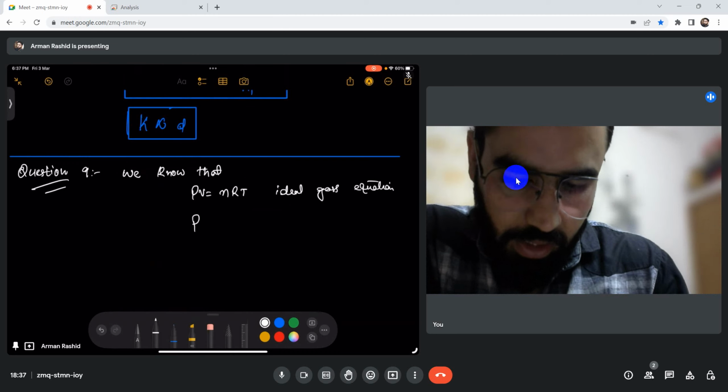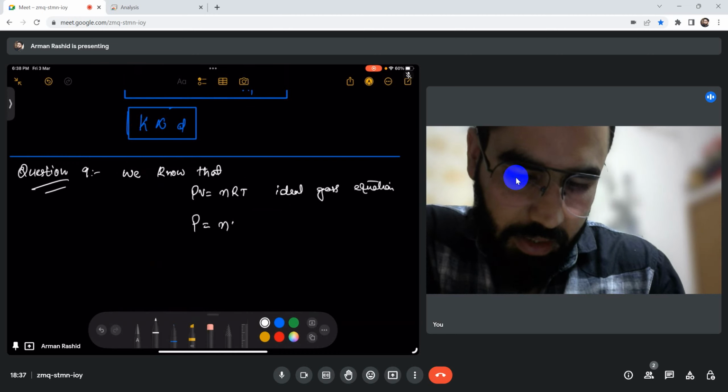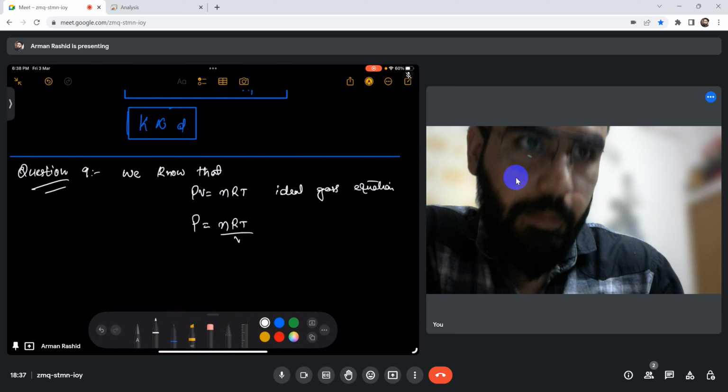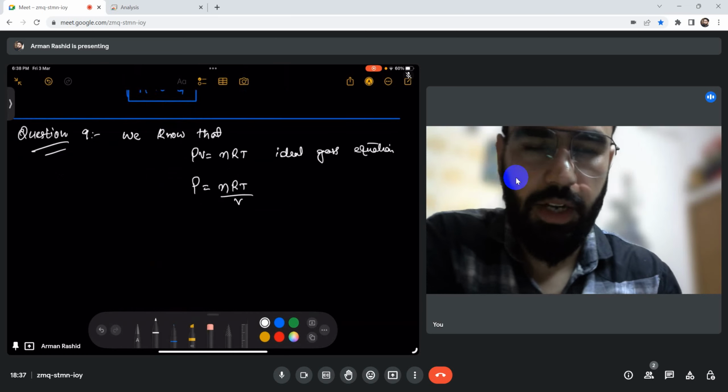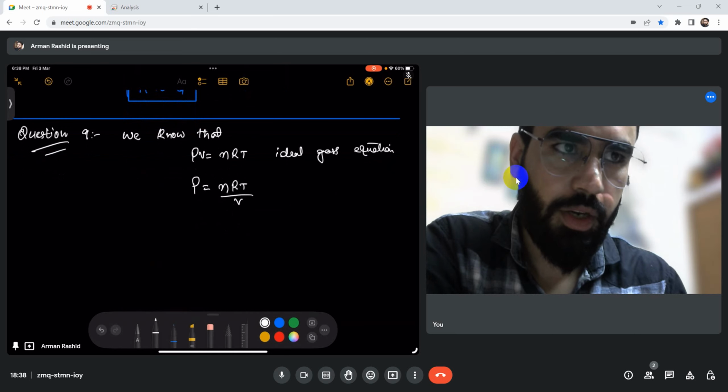Doing a little rearrangement, we arrive at P equals nRT by V. What we have to do is convert the pressure gradient into the number density.